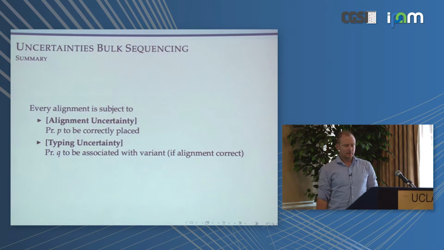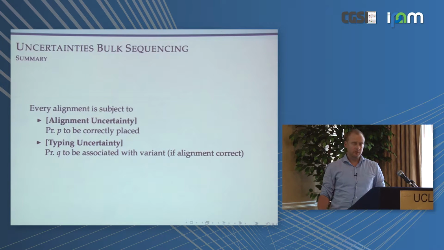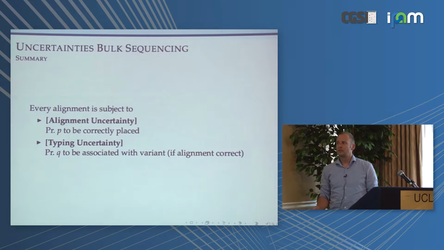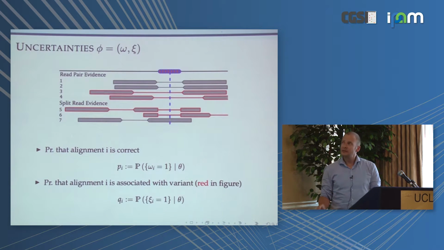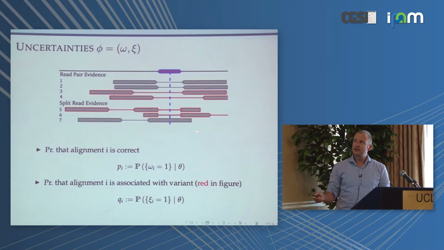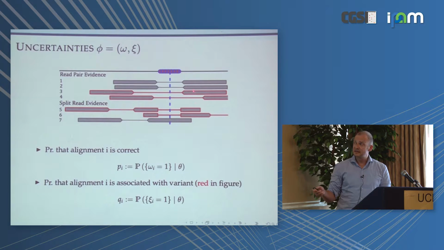Okay, let's recall. Every alignment is subject to alignment uncertainty. We assumed it was not like that, so let's go back to this. We have a probability, for each of the alignments, that the alignment was the correct one, and for each of the alignments we have a probability q that it was associated with the variant if the alignment was correct. And then this picture here gets a probability that this is the correct picture.